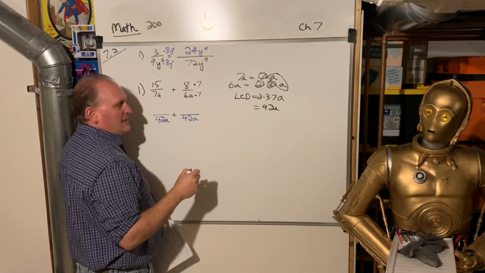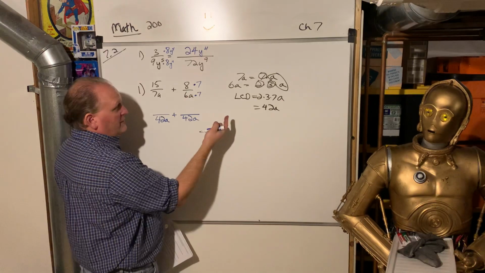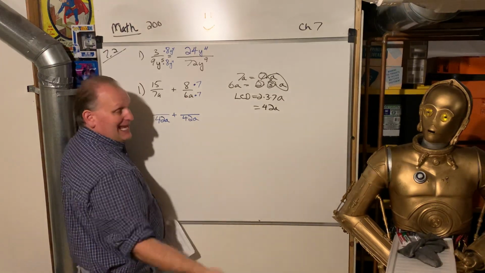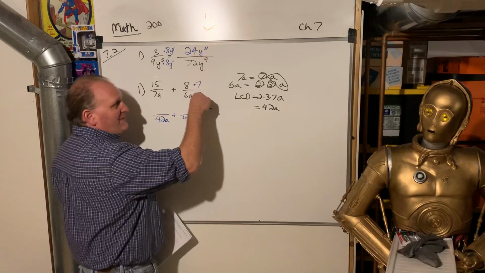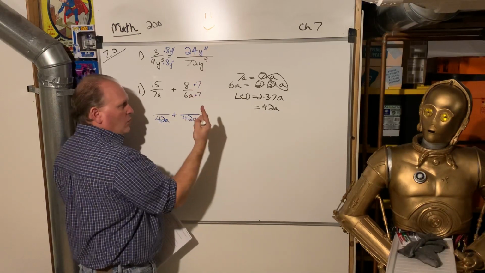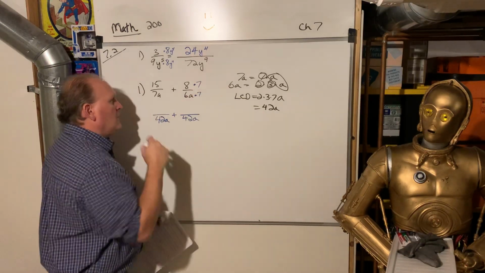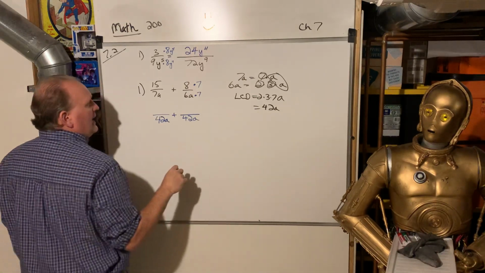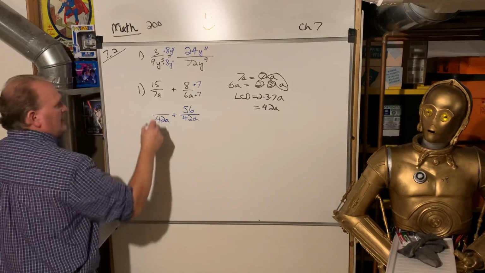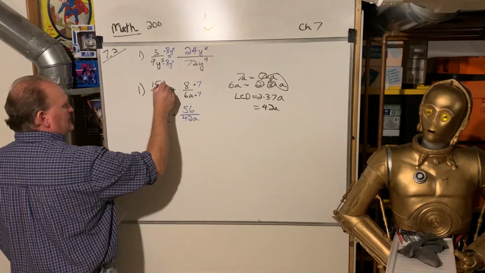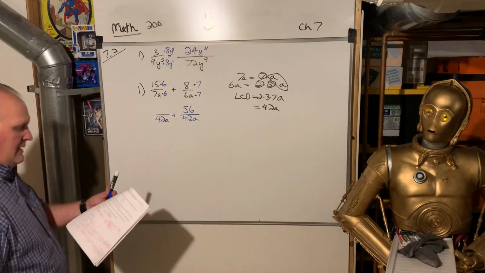Same for numerator and denominator. Really, I'm multiplying by 1. Remember, 1 times anything is that anything. This is a fancy 1. 7 over 7 is really just 1. So what is that? 56. And this one we have to multiply by 6. And that's going to be 90.